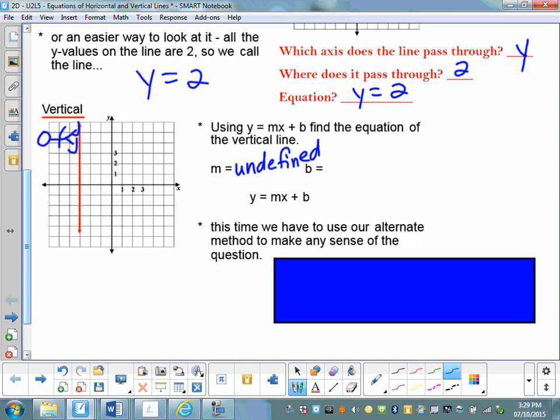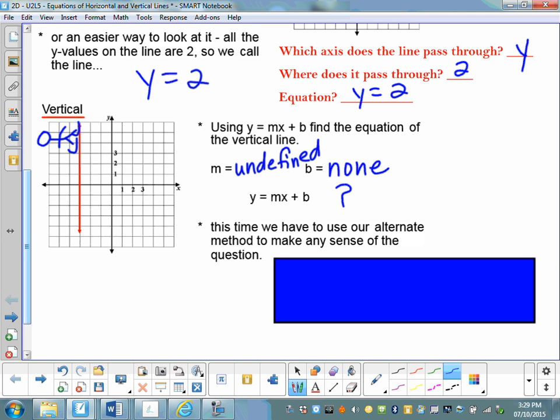And that's the slope of that line, because it's a vertical line. There's no actual slope to it. It's such a steep slope that it's undefined. And the y-intercept is none, because it never crosses the y-axis.